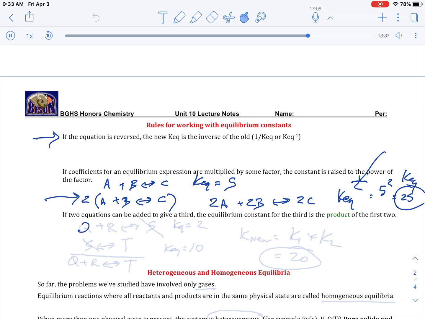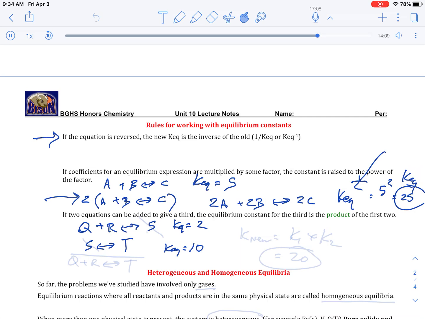So Q plus R to form S, for example, and S forms T. So I've got these two reactions. The KEQ for the first reaction is 2, and the KEQ for the second reaction is 10.